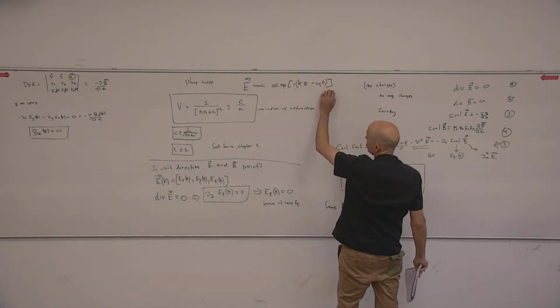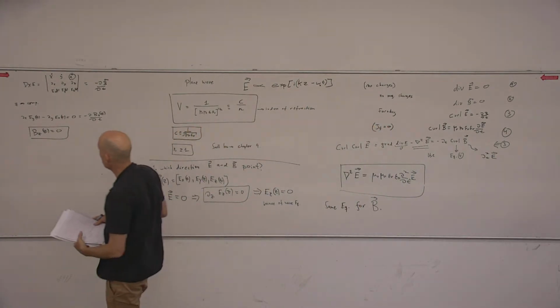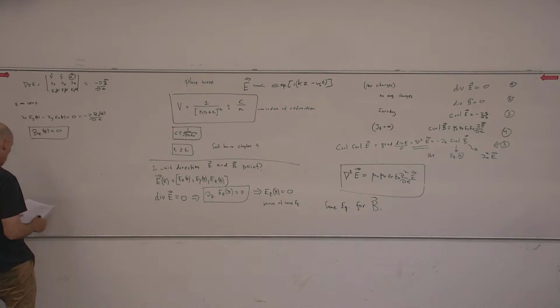So if the time derivative is 0, then k is not equal to 0. This is impossible.